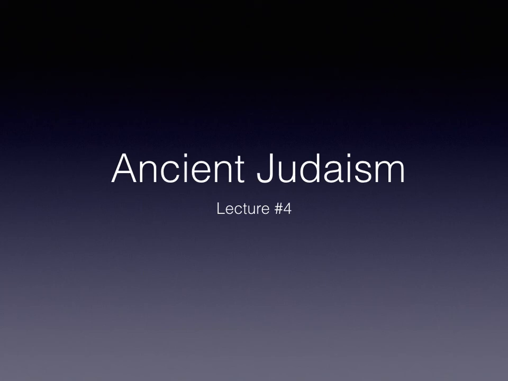Even though we think of the New Testament writers as being Christians, we have to remember that with the possible exception of Luke, all the writers of the New Testament seem to be Jews who think Jesus is the Jewish Messiah.